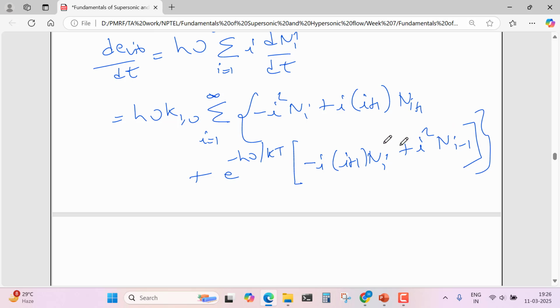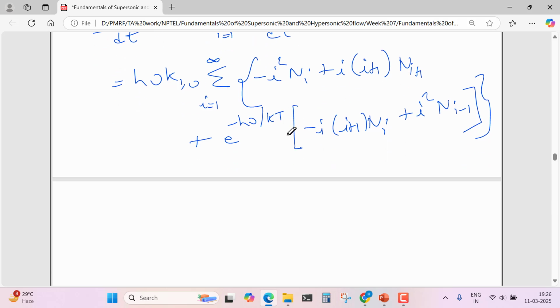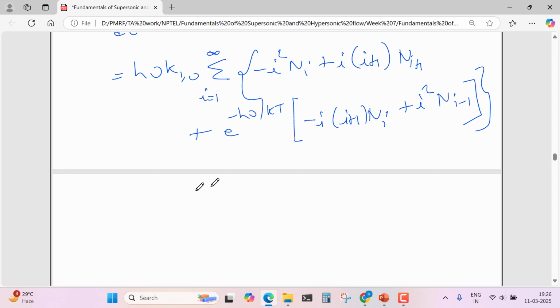Now we have to find the summation. First we will find the summation of these first two terms. So this equation you can write as equation A.